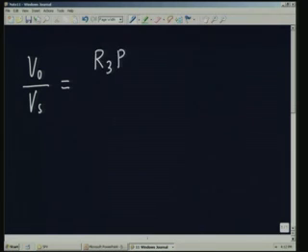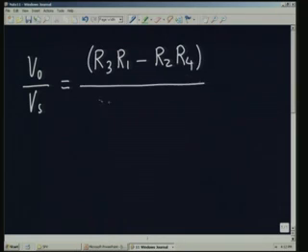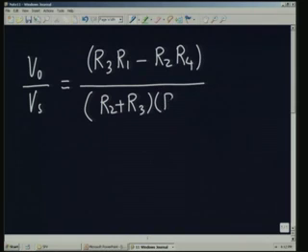So, we will say that V naught divided by Vs, the ratio of the output voltage to the supply voltage, is given by (R3 R1 minus R2 R4) divided by (R2 plus R3) into (R1 plus R4). This is a very important equation.